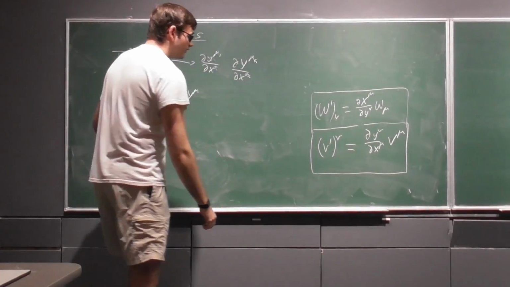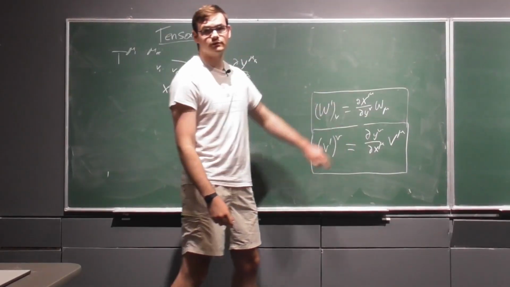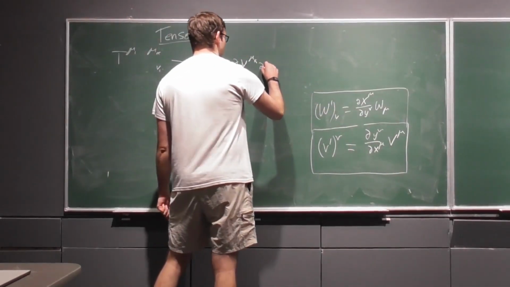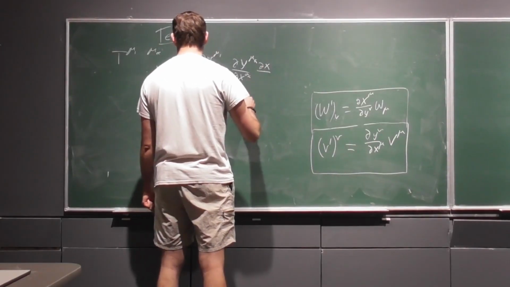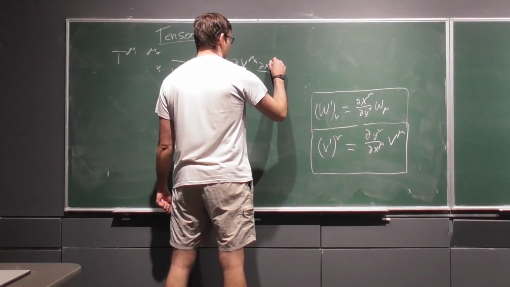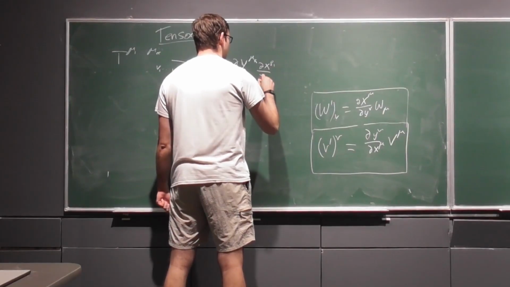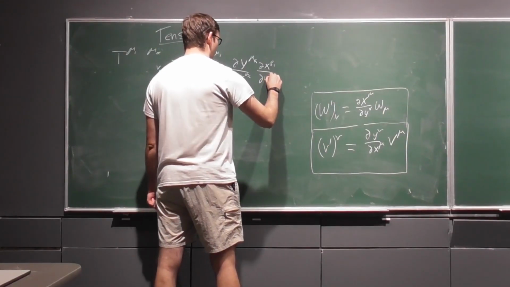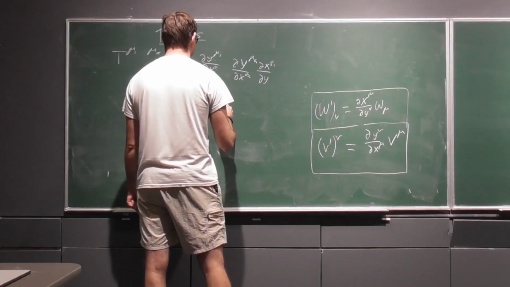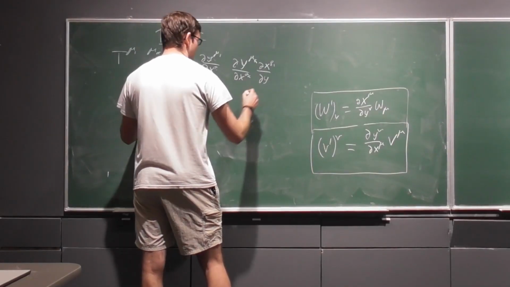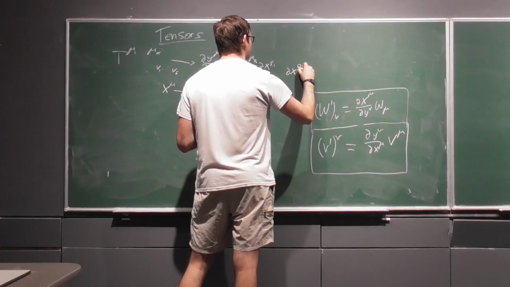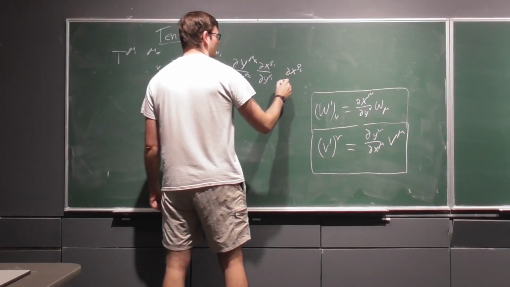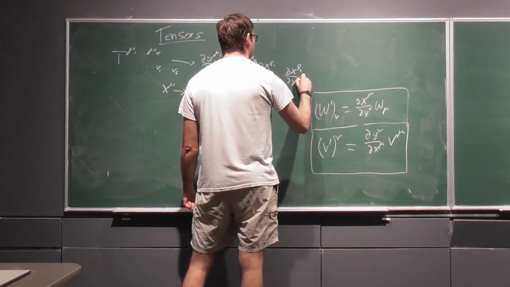And then for each of the lower indices, it's going to get some of these, always multiplying on the outside. So now it's going to be dx rho 1 over dy nu 1, all the way to dx rho s over dy nu s.